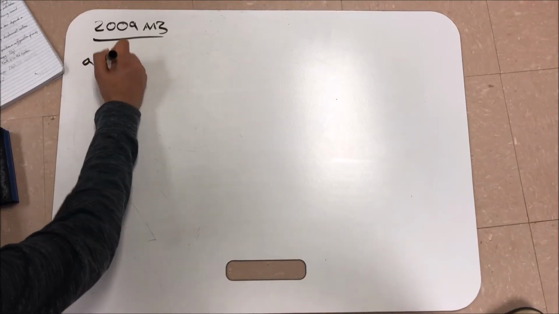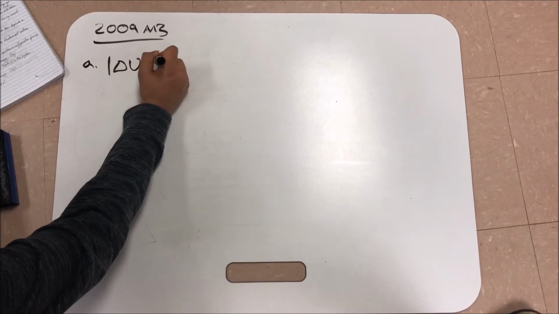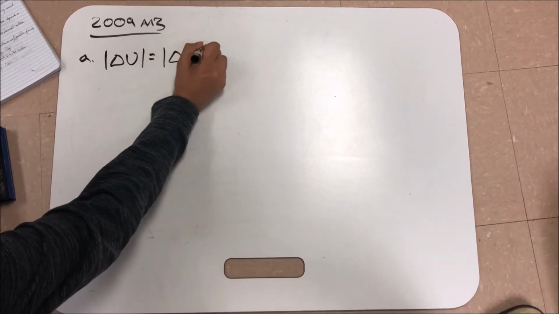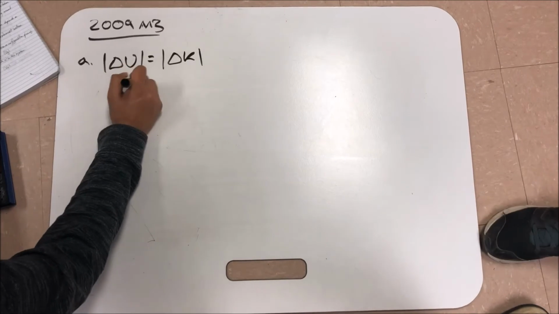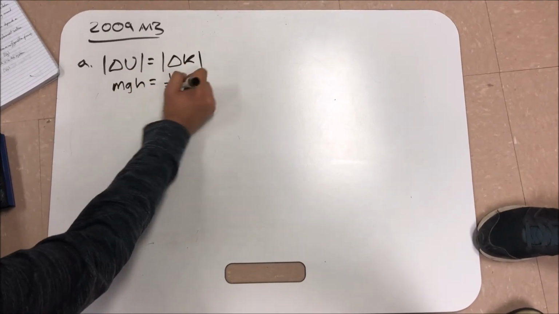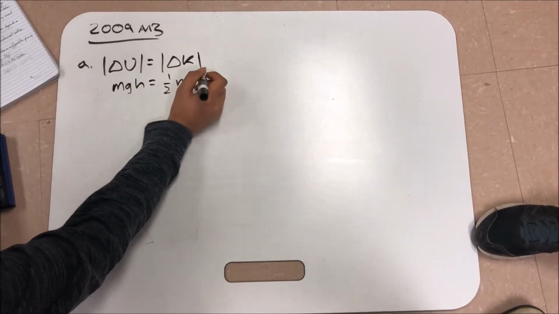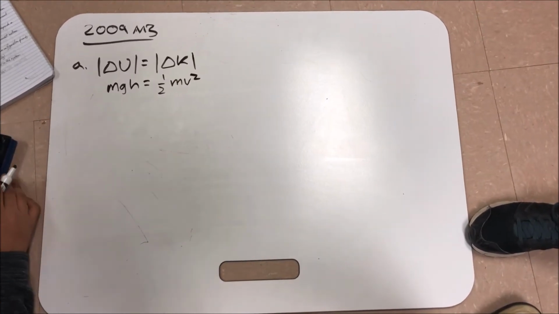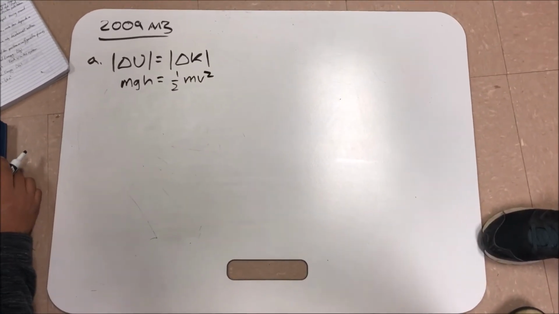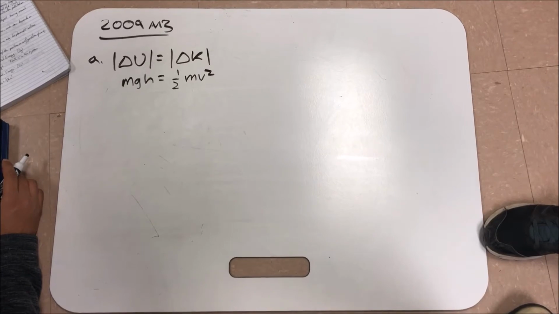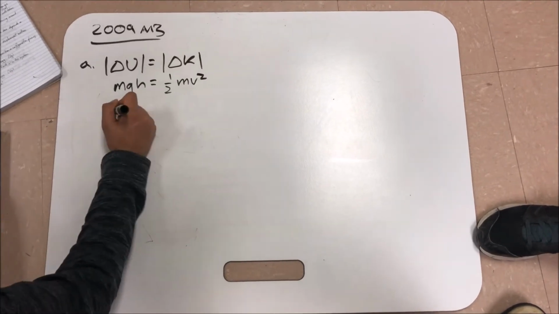So for the first part of this problem, we're going to derive an expression for the velocity in terms of distance. We are going to use conservation of energy, and we know that the change in gravitational potential energy is equal to the change in kinetic energy. So we set mgh equal to 1/2 mv squared.